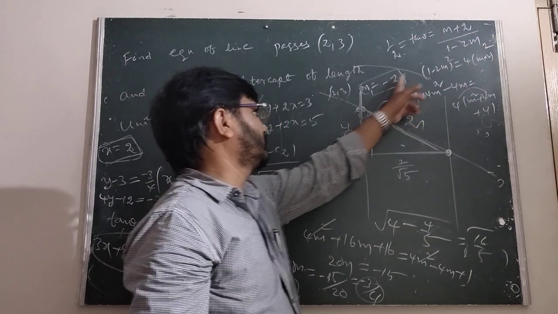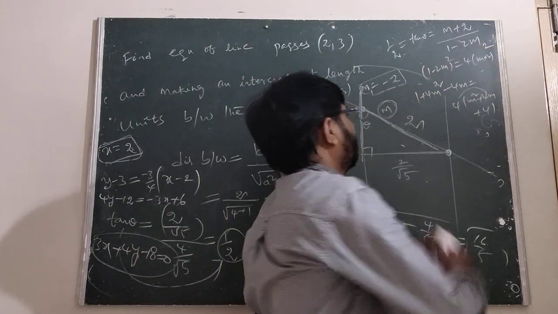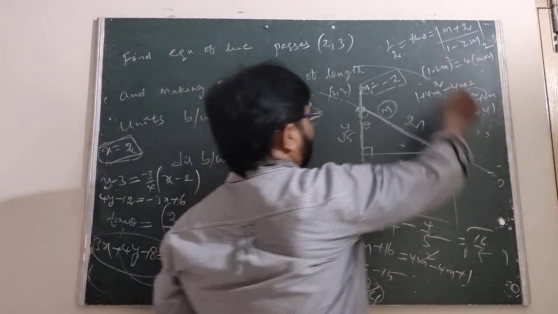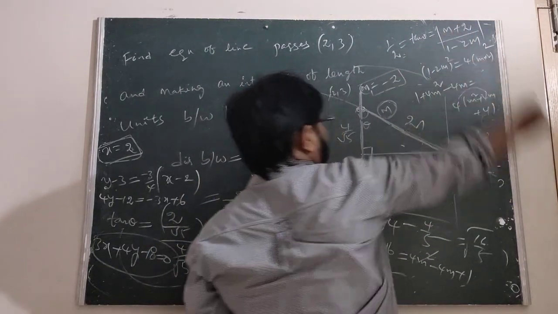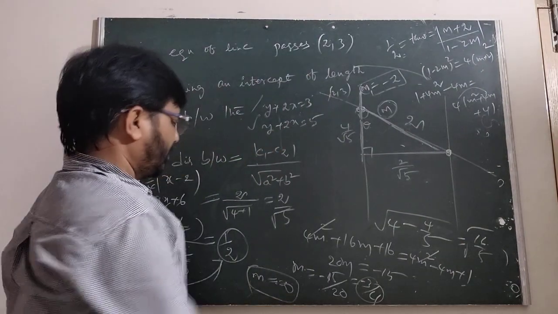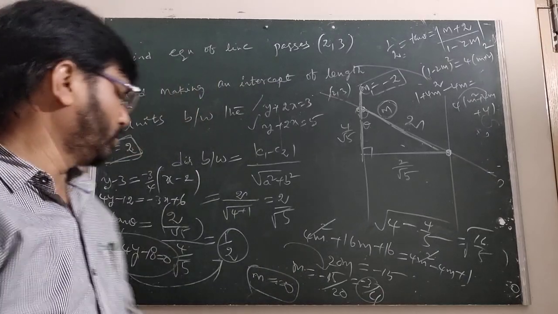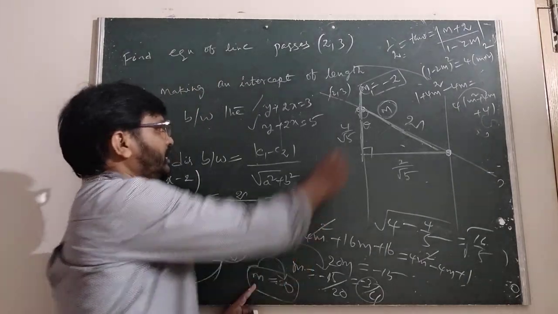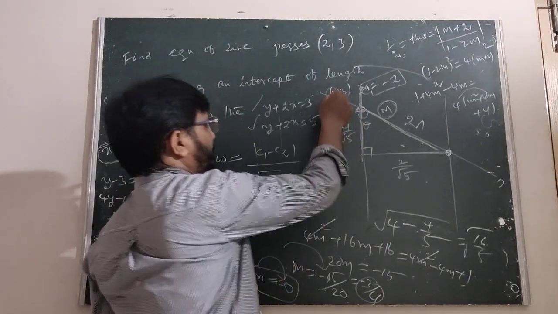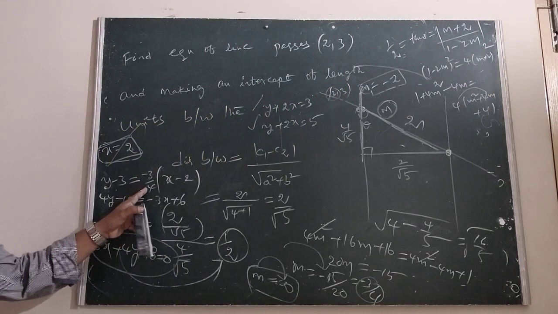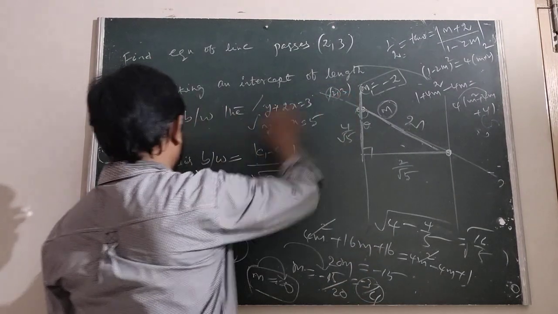After squaring on both sides, (1 minus 2m) whole square equals 4 into (m plus 2) whole square. In that case we get only one value of m, and the other value must be undefined. Therefore we take m as infinity, x equals x1, as one of the lines. The other line has slope minus 3 by 4 and passes through the point (2, 3).